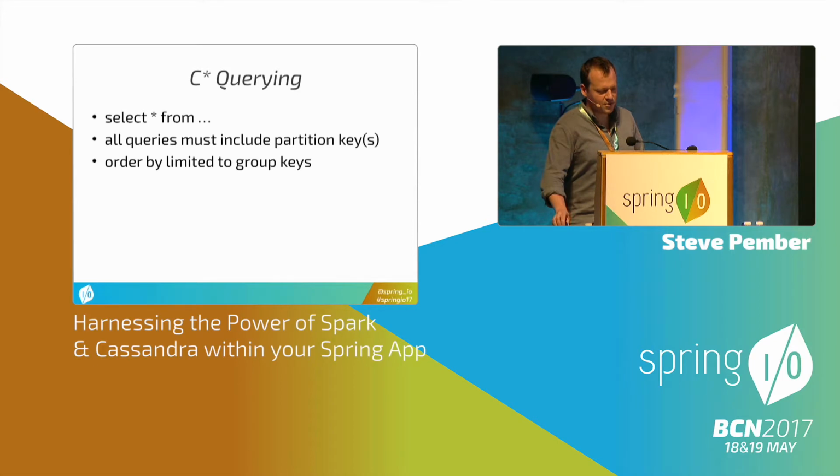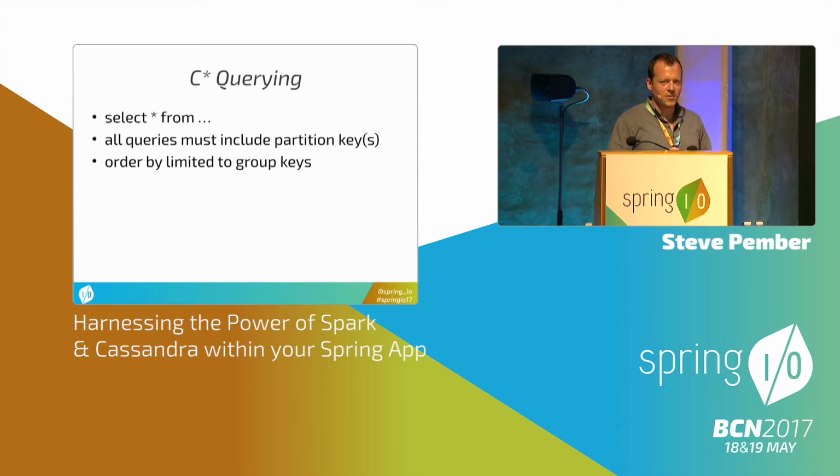So with Cassandra, you type just like you would SQL, select star from X, group by, et cetera. But there's a few interesting limitations that can be frustrating at times. All queries where you do a where clause have to include the partition key, have to include all the partition keys.